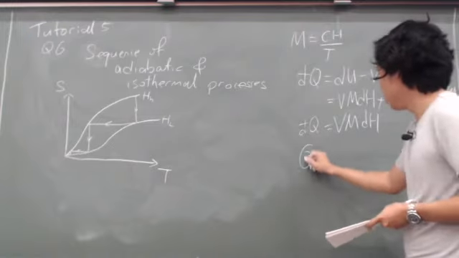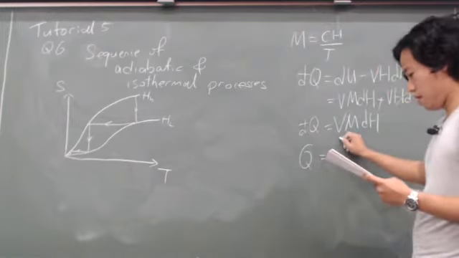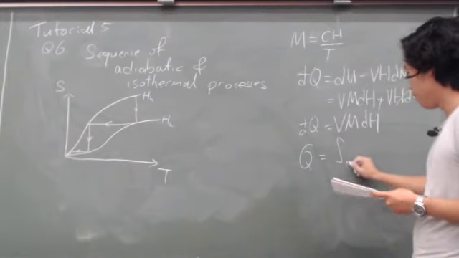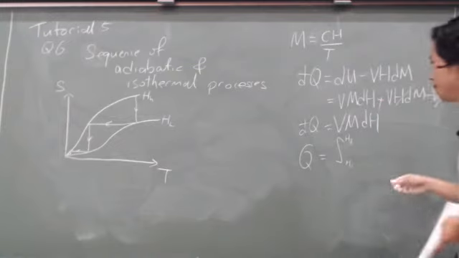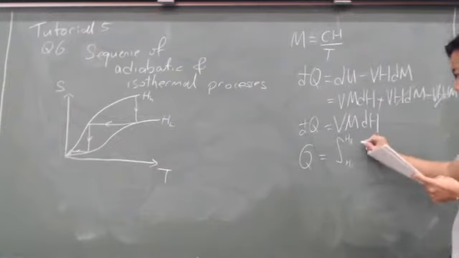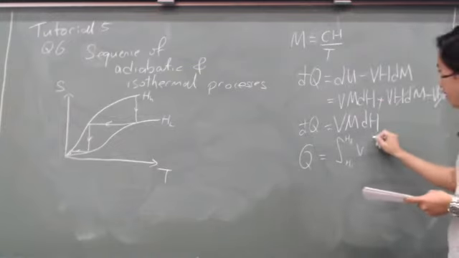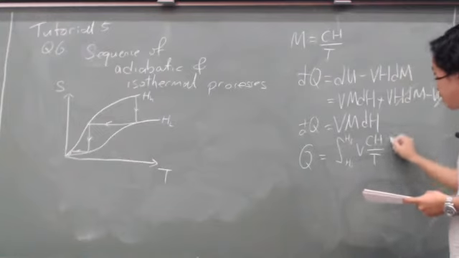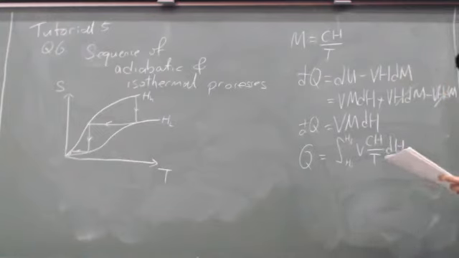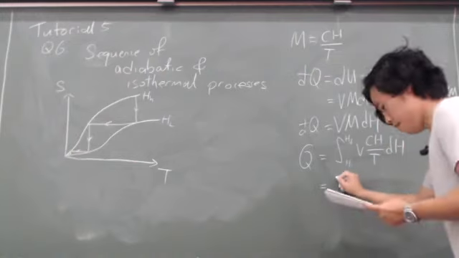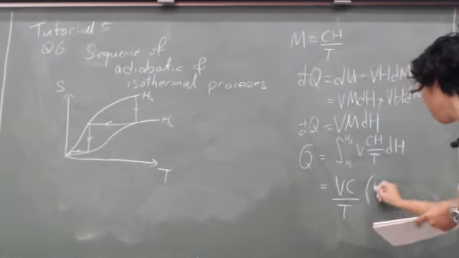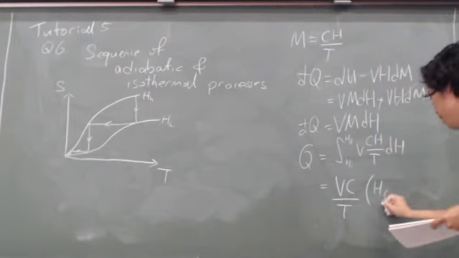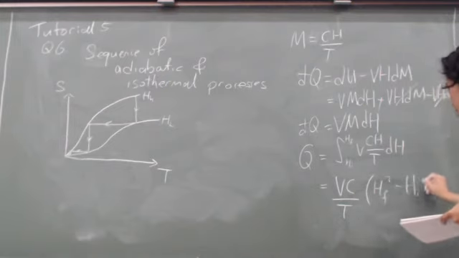Then your Q is the integral going from the initial magnetic field to the final magnetic field of V times M, substituting C H on T, dH. That equals V C on T times (H_F squared minus H_I squared) over 2.